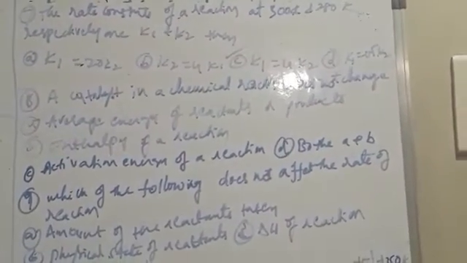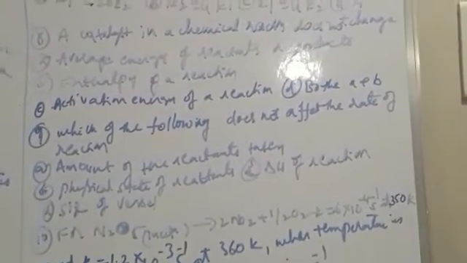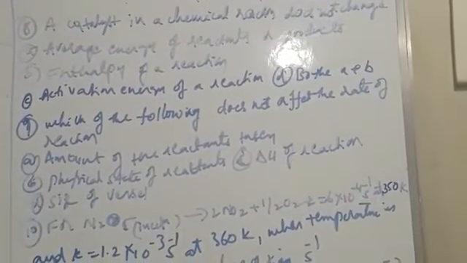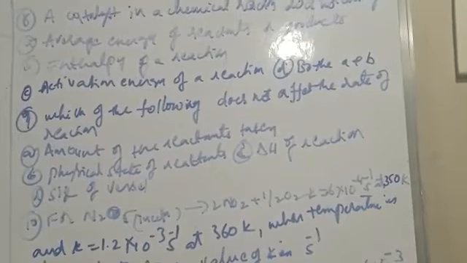Next, a catalyst in a chemical reaction does not change. Catalyst does not change: average energy of reactants and products, enthalpy of reaction, activation energy of reaction, or both A and B. So, 4 options are there.